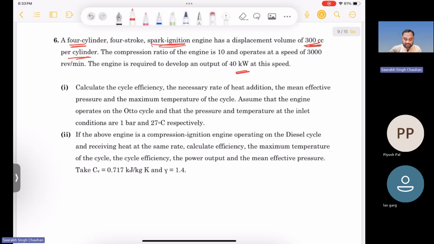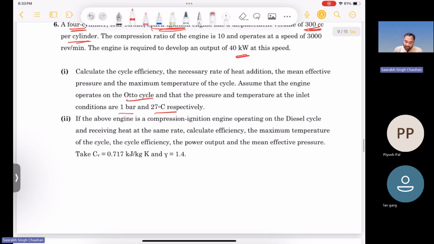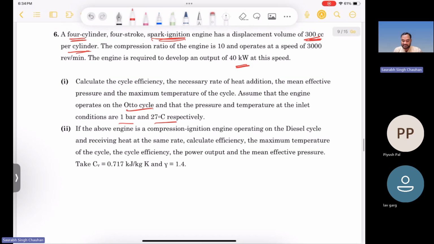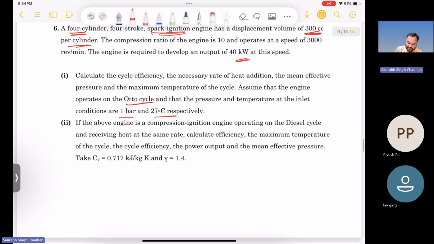For the time being, let's focus on this question. We can assume that the engine runs on the Otto cycle. The pressure and temperature at the inlet conditions are 1 bar and 27 degrees Celsius. And one more part is there, operating on a diesel cycle, so that we can compare the efficiency of both the Otto cycle and the diesel cycle. But let's start with the first part.